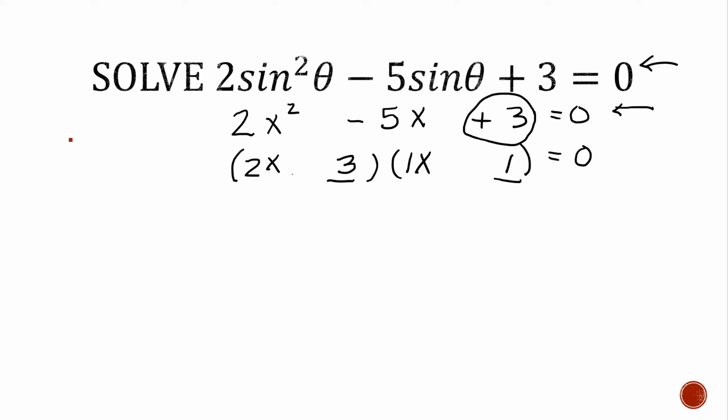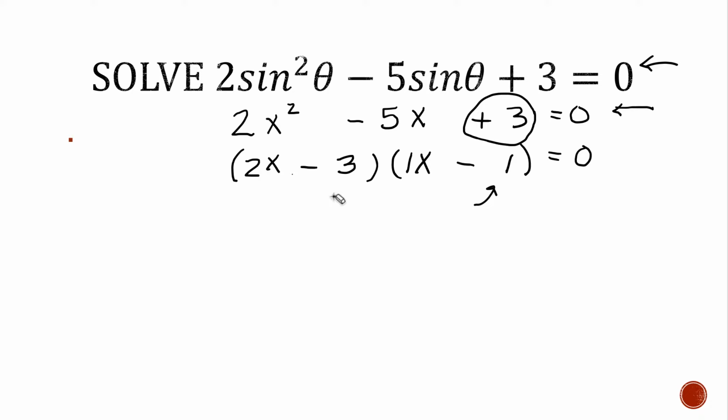So I know that if it's going to be a positive 3, either I need both of these numbers to be positive, because positive 3 times positive 1 is positive 3. But the problem with that is I'm never going to get a negative 5x out of a problem that doesn't have any negatives in it. All right, so I am actually thinking that I'm going to need 2 negatives. Okay, because I know that negative 3 and negative 1 multiplied together also gives me positive 3.